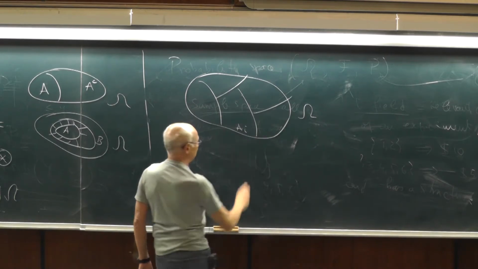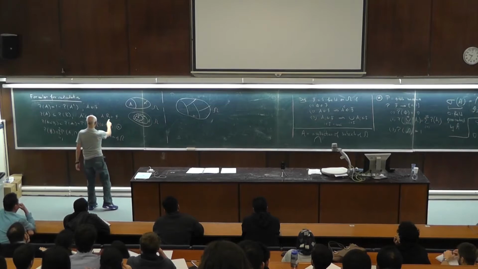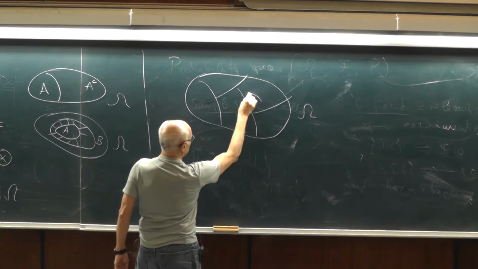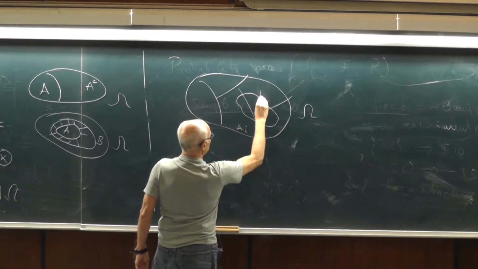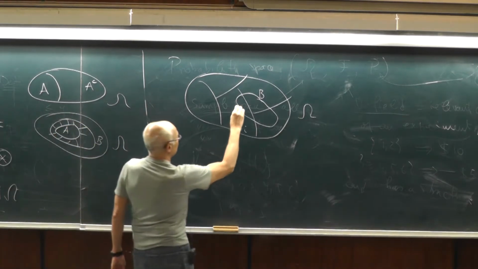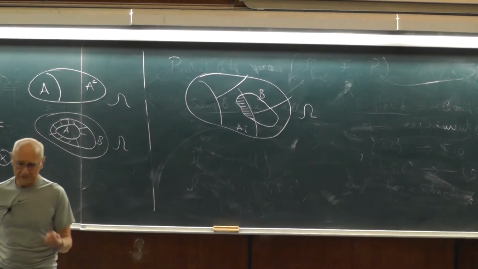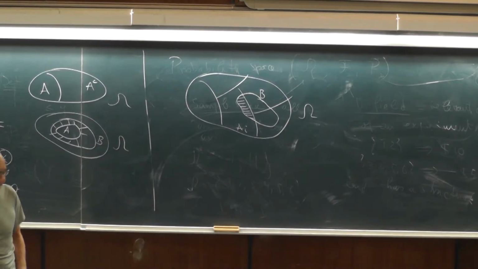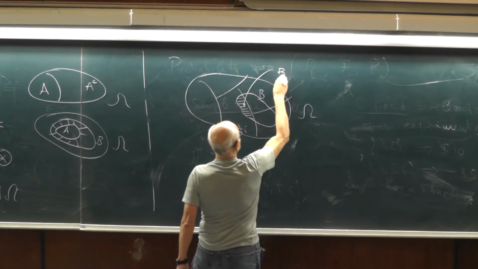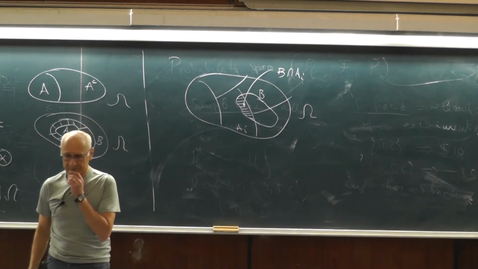So this is one of the members of the A_i. And B is another event. So it's something like this. This is B. So what is this piece here? It is the part of B common with A_i. Okay.